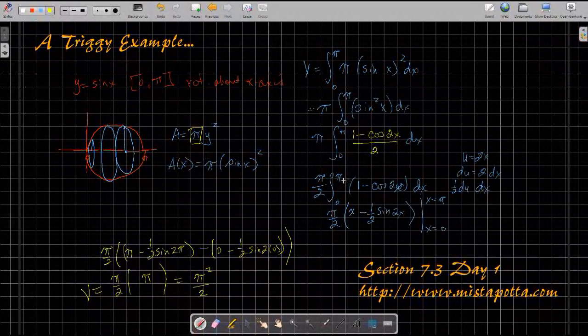And the other pi came from my limit of integration. If this had been a 3, then this would have been a 3, and my sine values would have been slightly different. But that's where the other pi is coming from. So even though it looks peculiar to have a volume that involves pi squared, that's my answer for this problem.